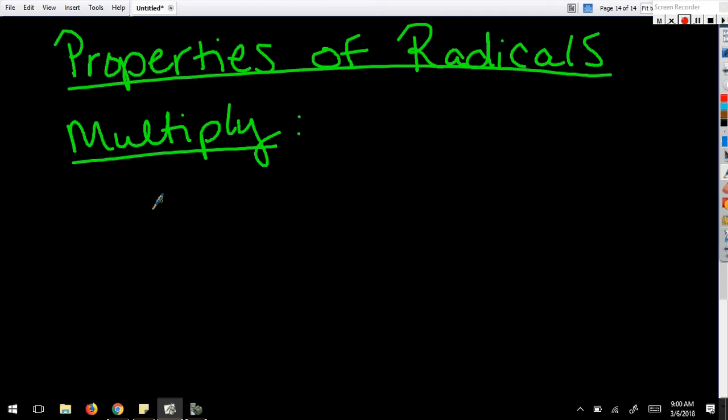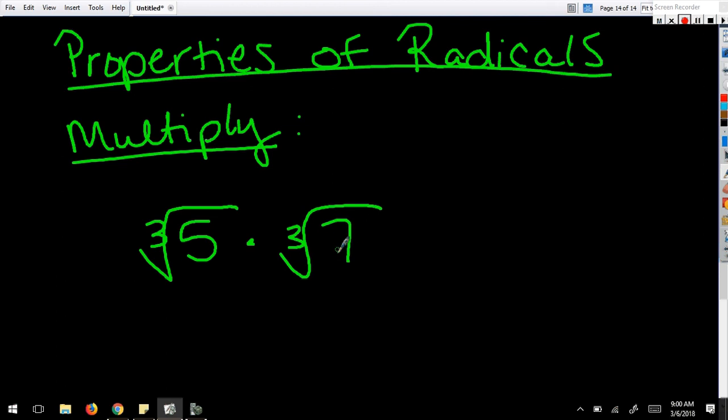As long as the root's the same, then that means the exponent's the same, right? Would you agree with that? Same root means same exponent, right? These both have an exponent of 1/3. Y'all are looking at me like I'm crazy.